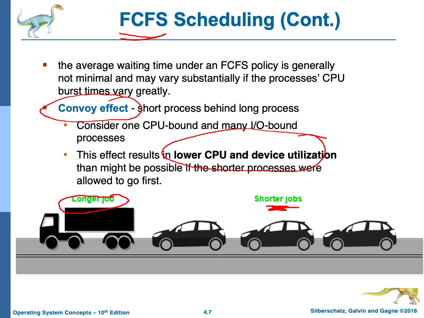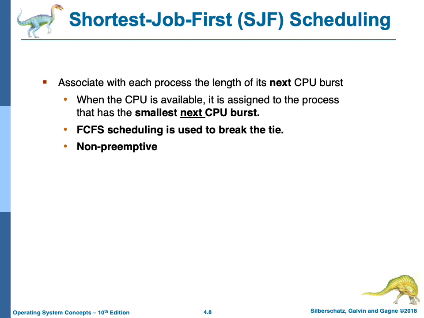Now coming to the second scheduling algorithm, which again still works for background or batch processes, and this time this is the shortest job first scheduling algorithm. So unlike first come first serve, SJF schedules the processes based on their burst time, specifically based on their next CPU burst time.